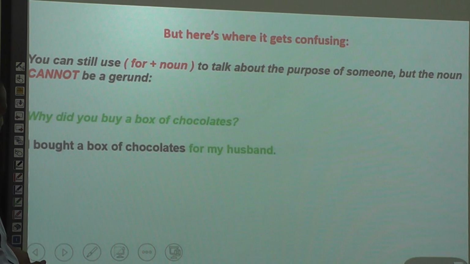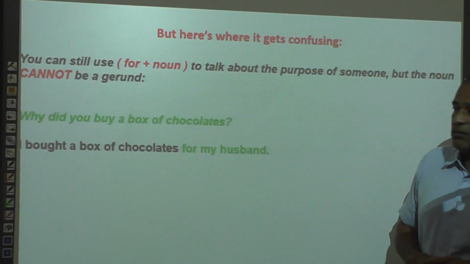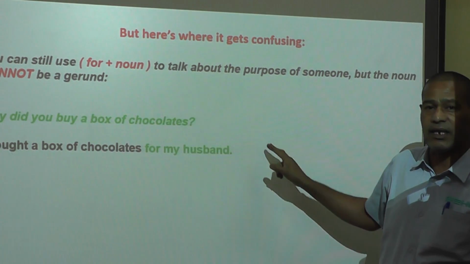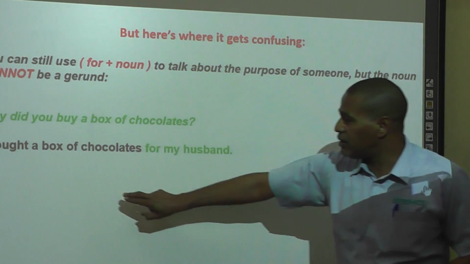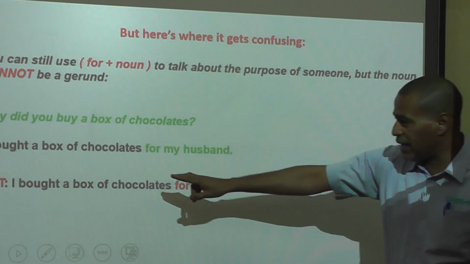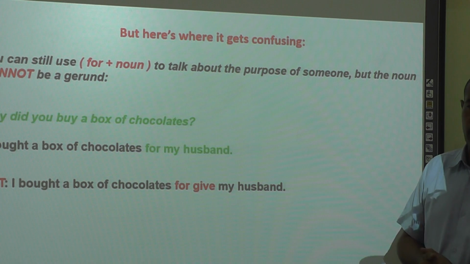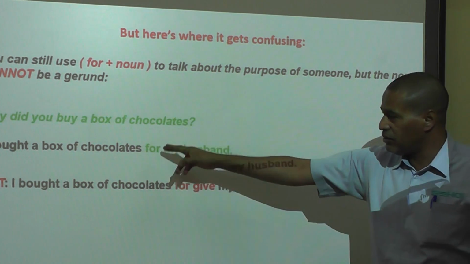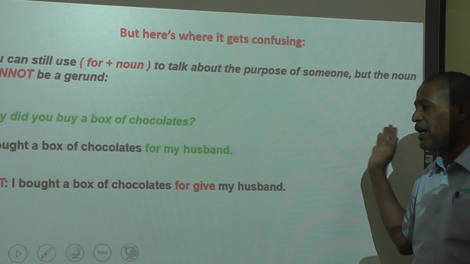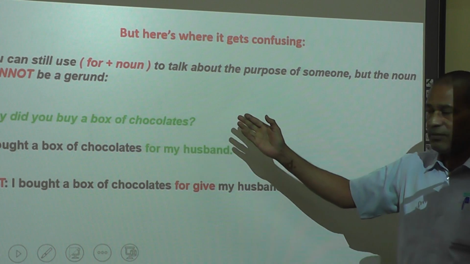Like this example. Why did you buy a box of chocolates? I bought a box of chocolates for my husband. But not like this. I bought a box of chocolates for give my husband. This is incorrect. I bought a box of chocolates for my husband. Again, here we have a noun, but it is not a gerund.